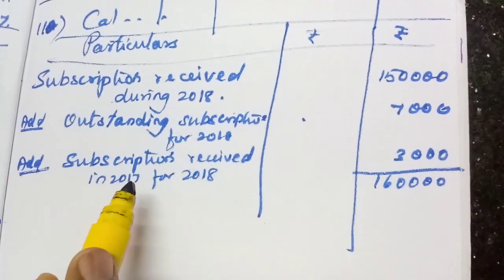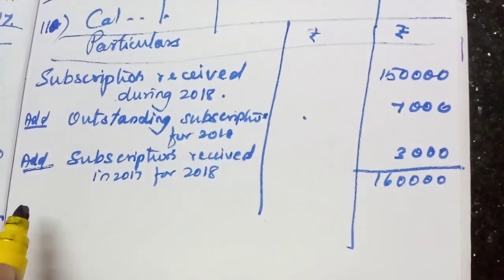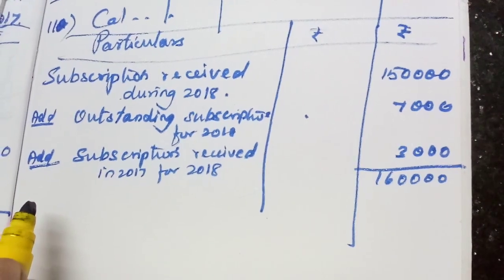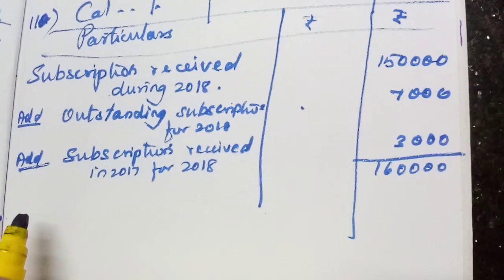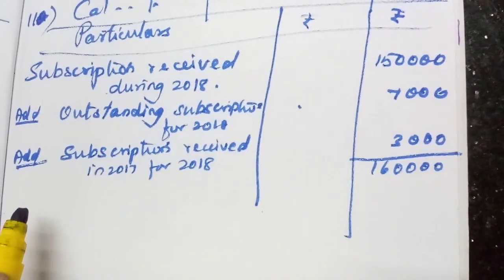Now the other two items. Okay, so what we have to do? The first is outstanding subscription. That is 10,000. 10,000 is outstanding subscription. It is related to the last year.